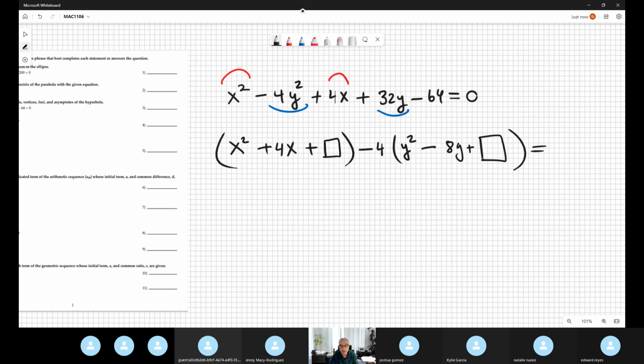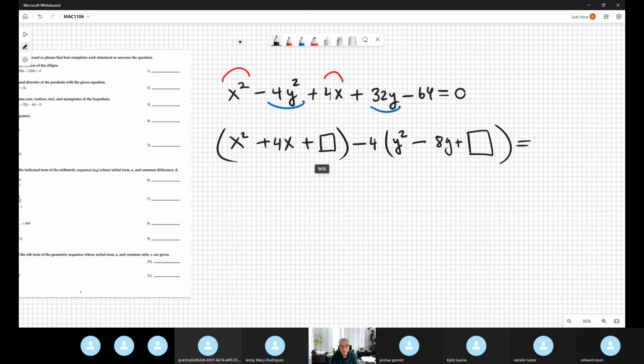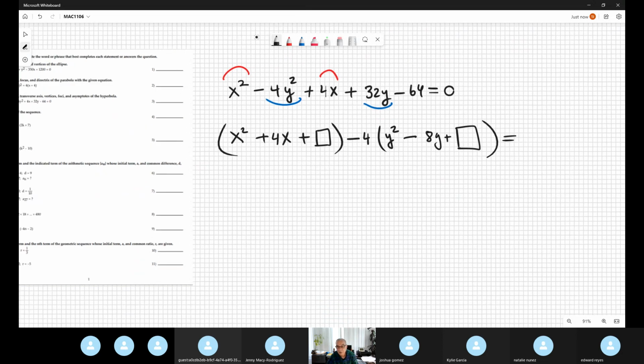In the right hand side, we have 64 plus 2 boxes. Okay, this is the organization. Now, little by little, you complete the square here. It's obvious, 4, no? Because 4 divided by 2 is 2, and 2 squared is 4. This 4, I put it here.